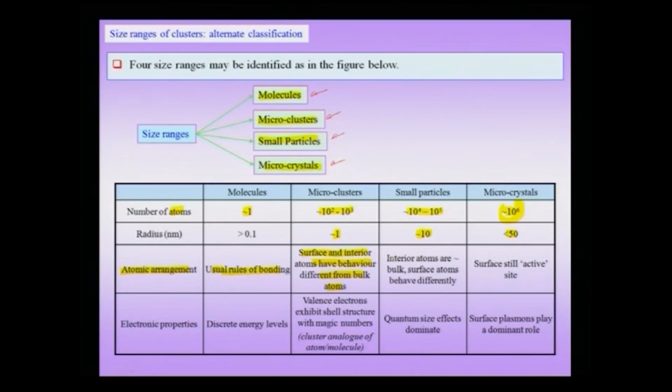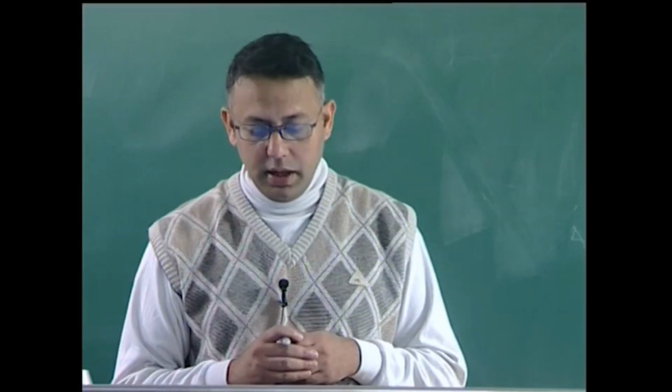In the small particle regime, their interior atoms are similar to bulk. That means they have already grown so large that their overall environment and configuration is somewhat similar to the bulk interior atom, but definitely not identical.